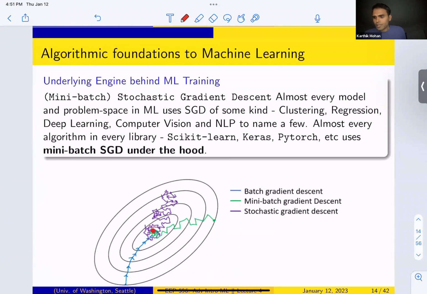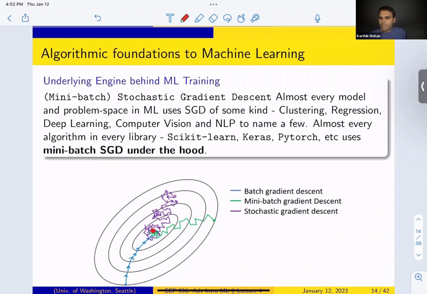Let's move on to a new topic, which is algorithmic foundations of machine learning. Here we'll cover gradient descent, batch gradient descent, stochastic gradient descent, and mini batch gradient descent. So different variations of gradient descent.